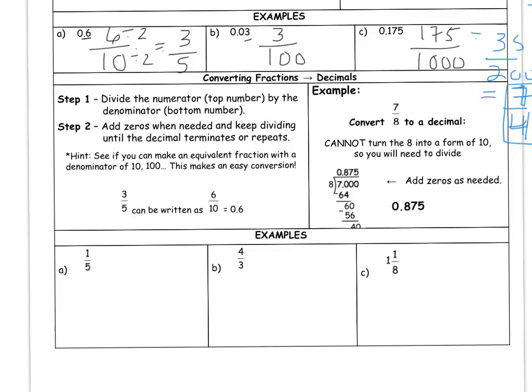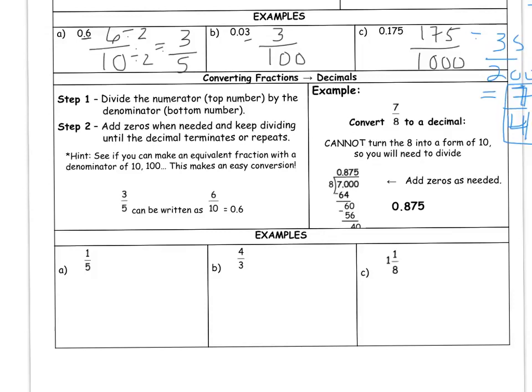So hint, see if you can make an equivalent fraction with a denominator of 10 or 100. This makes an easy conversion. So example, 3/5 can be written as 6 over 10 or 6 tenths. So since 5 can go into 10, then we can easily convert that. So an example would be convert 7/8 to a decimal.